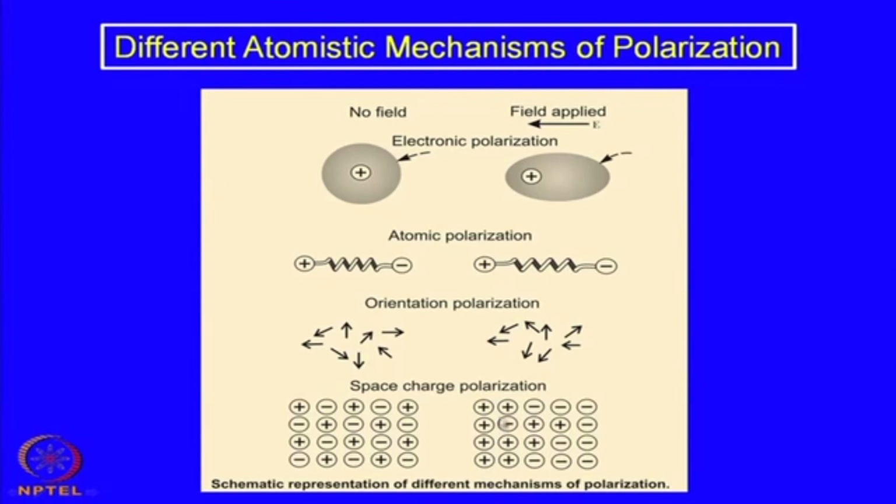If this may be the interface, this is one. Here you can see both negatively and positively charged charges are distributed more or less randomly. So, there is no net accumulation of charge, or the net dipole moment is 0 once again in this case.